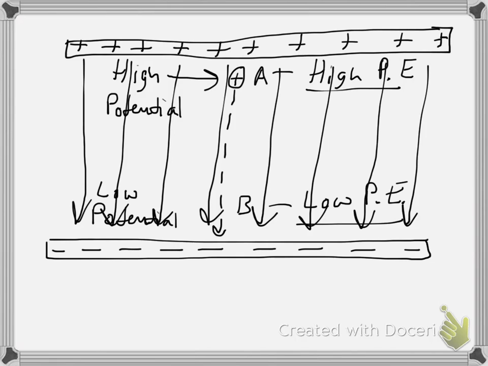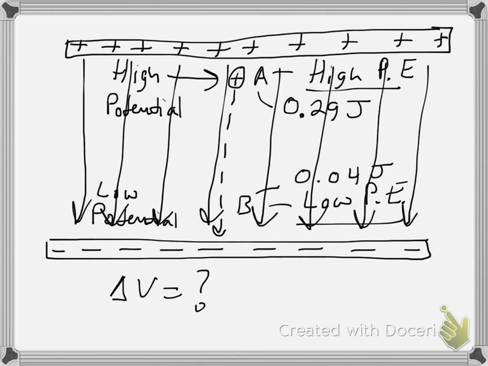So if we put our charge here, we know that the value of the potential energy at point A is 0.29 joules, and at point B, it's 0.04 joules. And we want to know the change in voltage. That's the whole point we want to solve here.